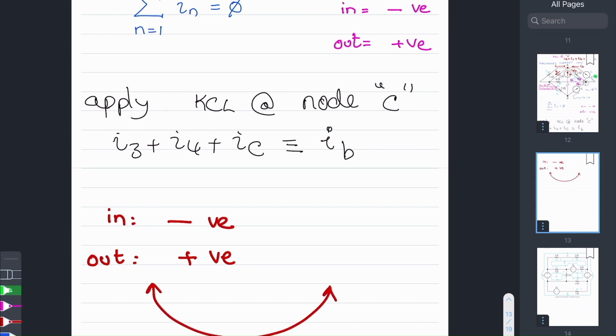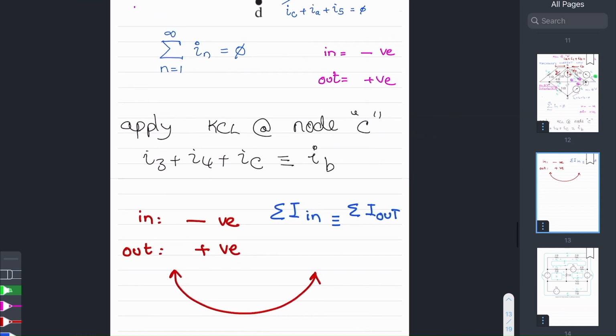You would get the exact same result if you added all the currents into the node on one side of an equation and all the currents leaving the node on the other side. It will be exactly the same as using sign appropriately. Now we are going to look at this in a problem as well, but this is Kirchhoff's current law.